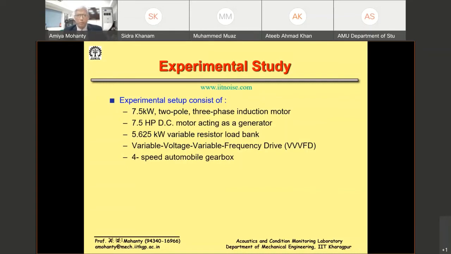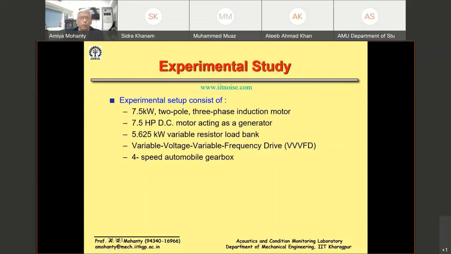If we were meeting in Kharagpur, students would get to see the lab and the equipment. Of course, what I have planned is towards the end of today's presentation, I will give you an overview of the facilities at our lab in IIT Kharagpur, in particular the acoustics and condition monitoring laboratory. What are the facilities which we have, and what are the experiments which could be done, and so on and so forth.